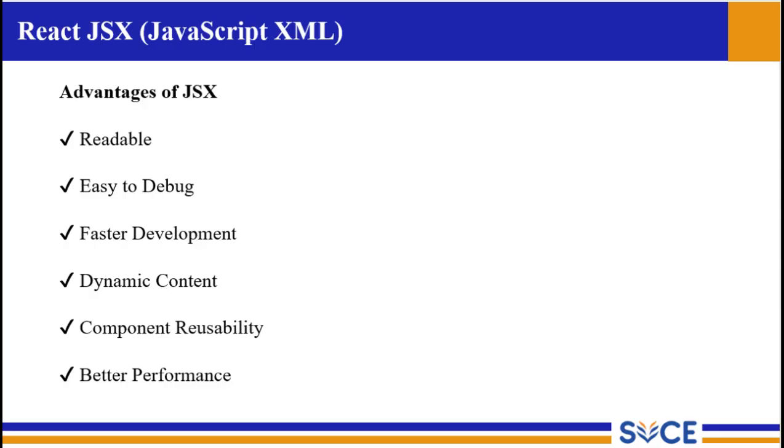JSX makes this possible by allowing JavaScript expressions to be embedded directly into the user interface. Whenever the underlying data changes, React automatically updates only the affected parts of the web page without refreshing the entire page. This makes applications more responsive and provides a better user experience.